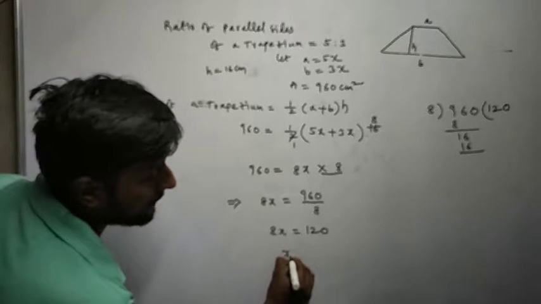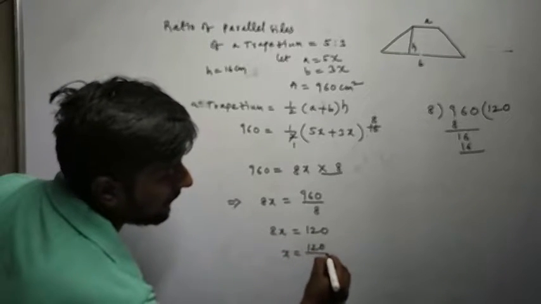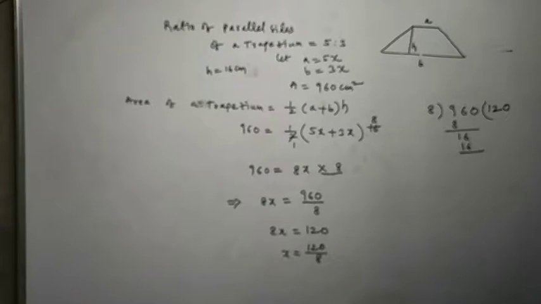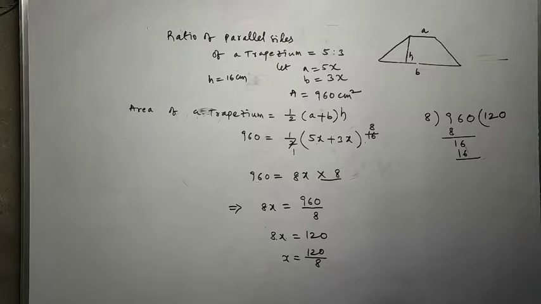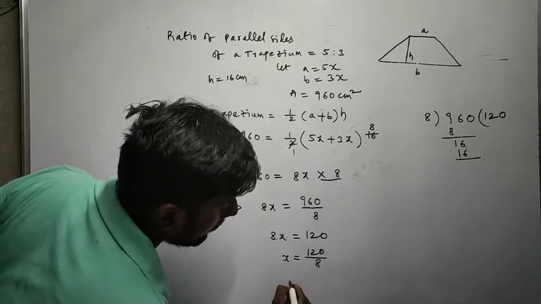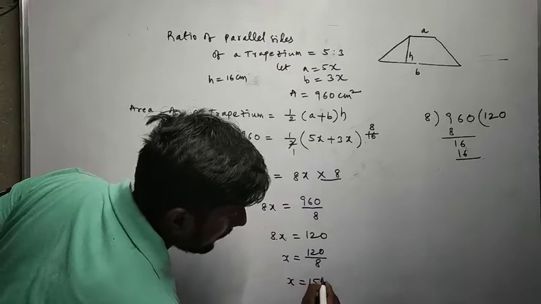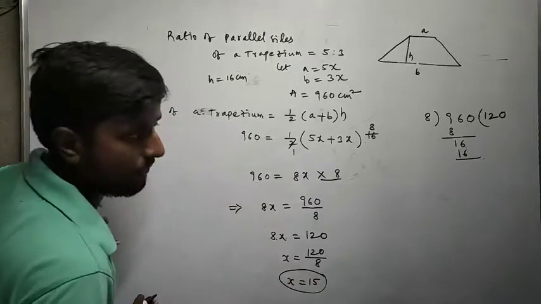So x value is 120 by 8. And we know 15 8s are 120. So x value we can take as 15.